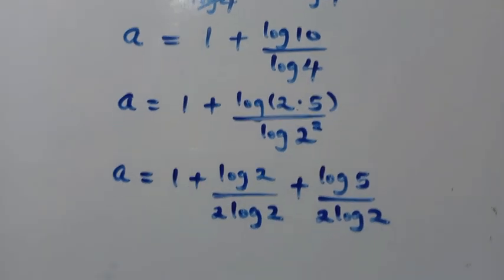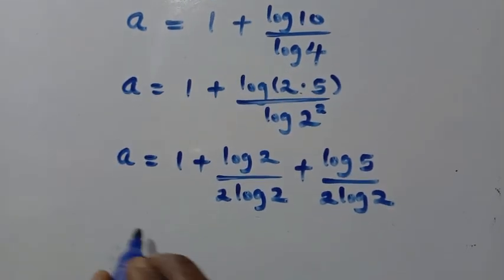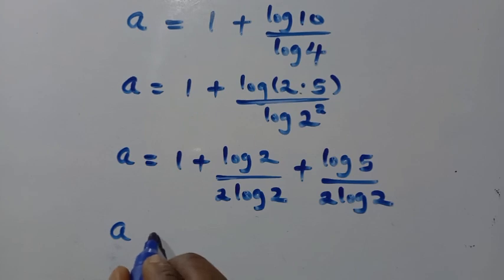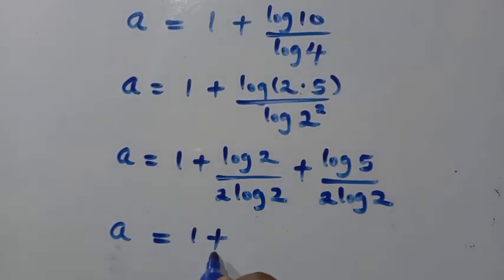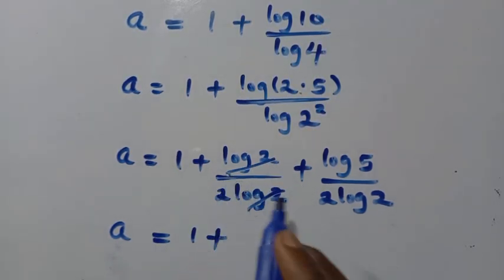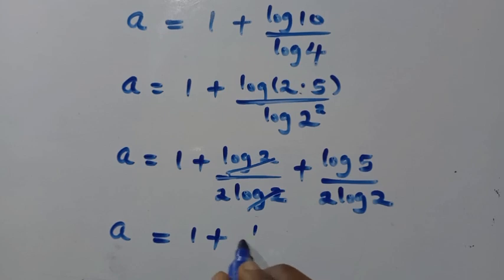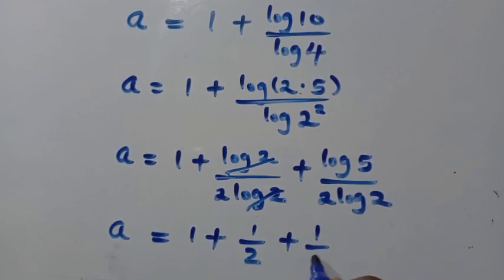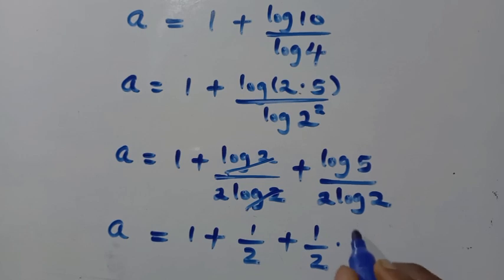I've applied this kind of law above already. So our a here equals 1 plus, the 2 cancels 2, so here is 1 over 2 plus 1 over 2 multiplied by log 5 divided by log 2.